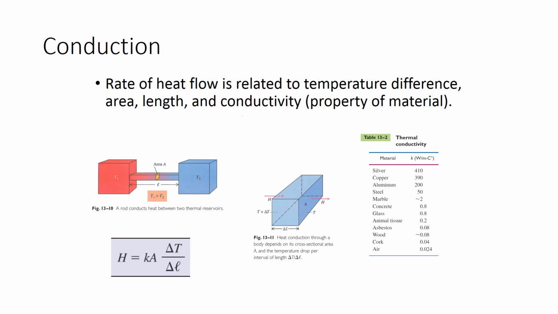The last mechanism that we're going to look at is conduction, and we have to set up a very special set of circumstances to talk about this. We have a high temperature hot reservoir on the left. On the right-hand side, we have a low temperature cold reservoir.